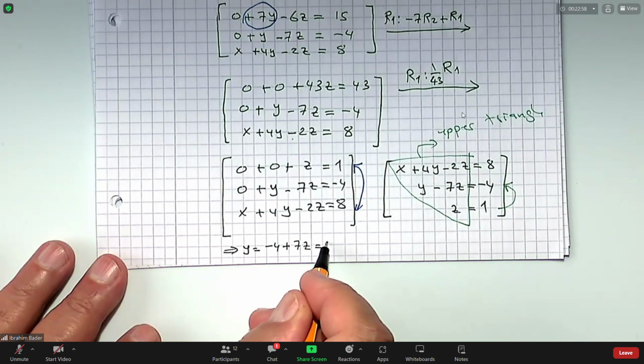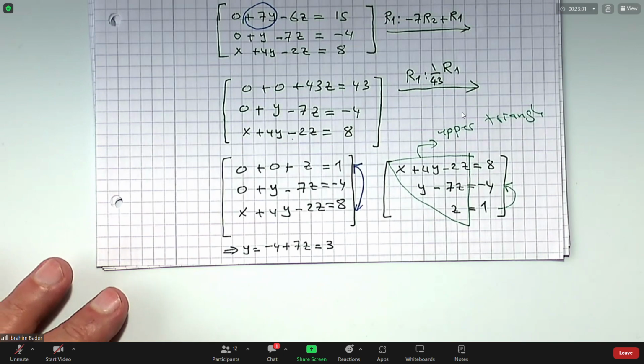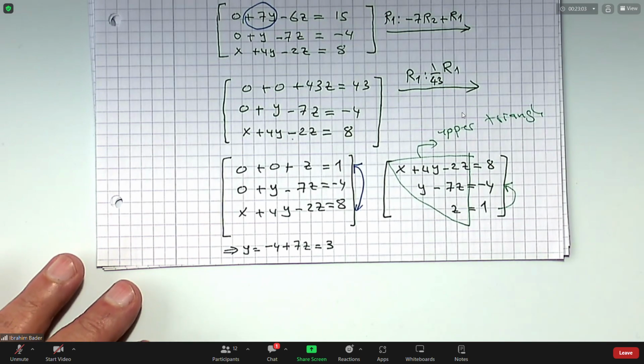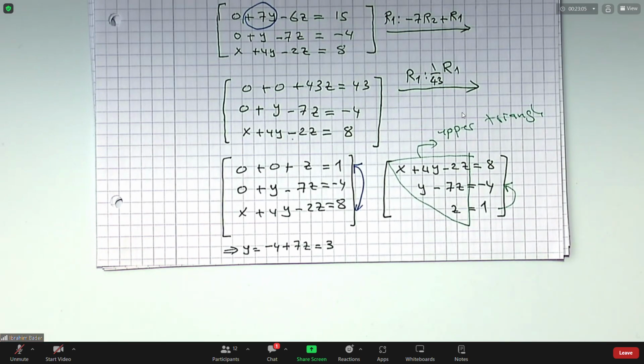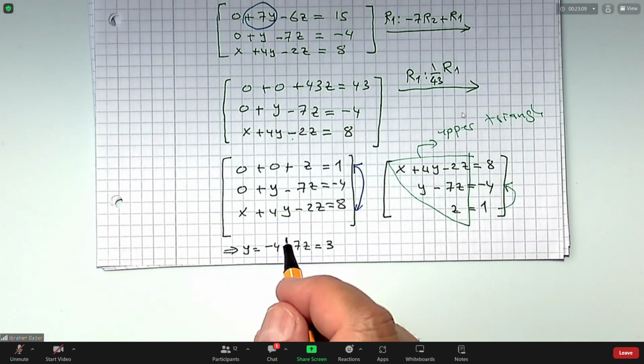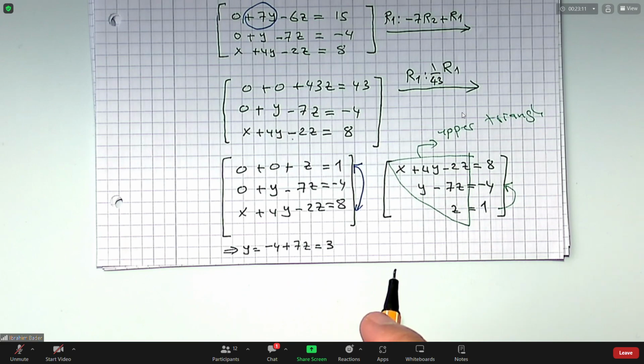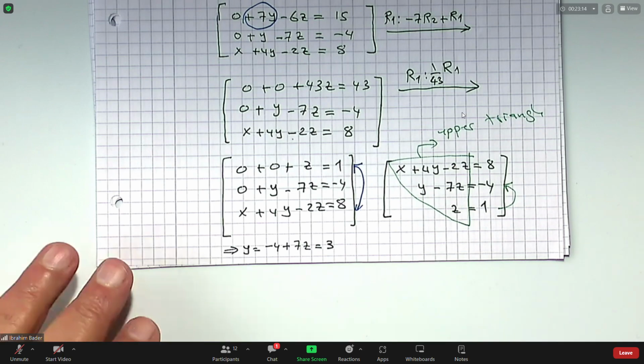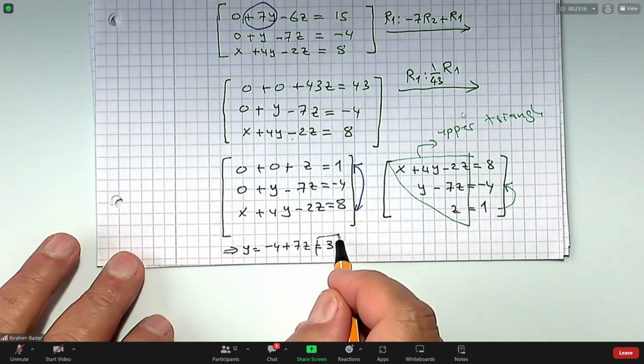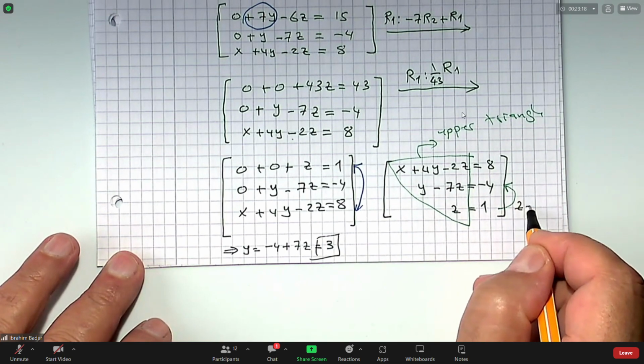And this is equal to 3, right? Is it correct? You have negative 4 plus 7 is 3. Okay. And from here we have z equals 1.